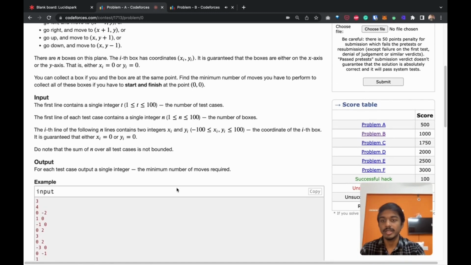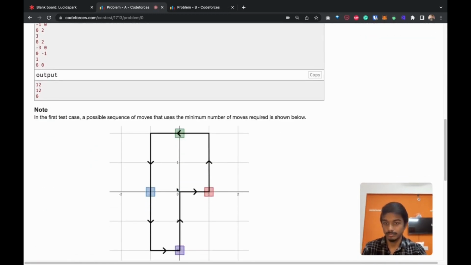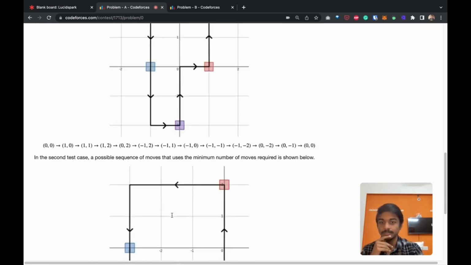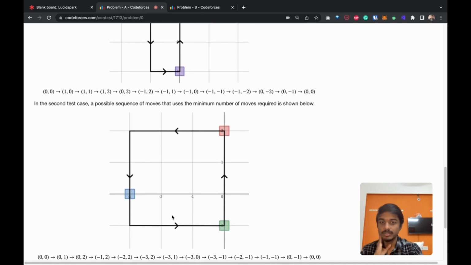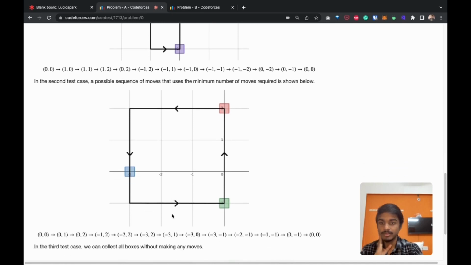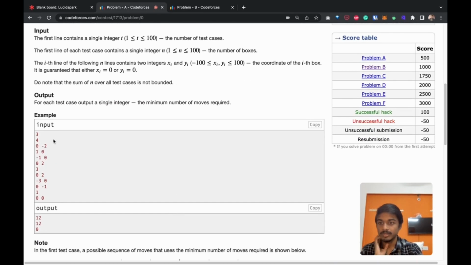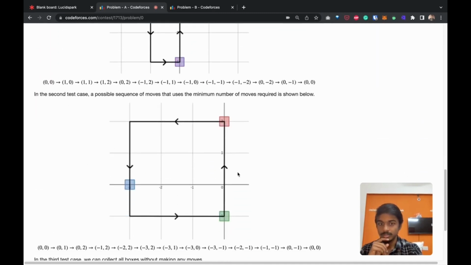I'm not sure why I'm so confused here. Oh, okay, so he did something like this for the first. Then for the second, how much did they give? Four, three coordinates. So one, two, this one and this.